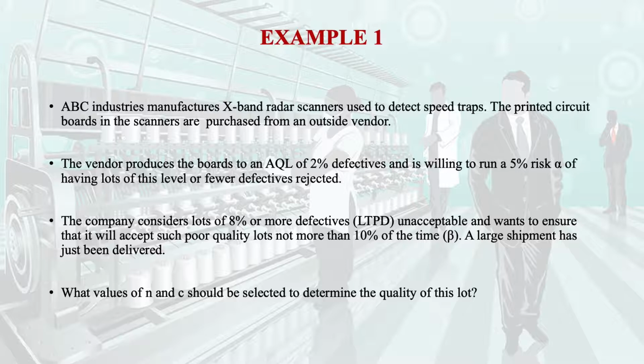The company considers a lot 8% or more defective, the LTPD, lot tolerance percent defective, unacceptable, and wants to ensure that it will accept such a poor quality lot not more than 10% of the time, that is called beta, the consumer risk. Alpha is the producer risk and beta is the consumer risk.